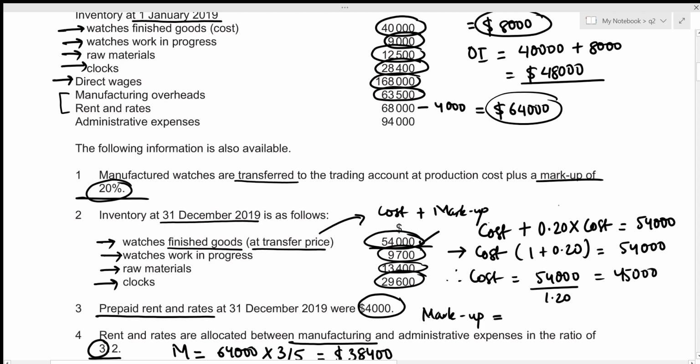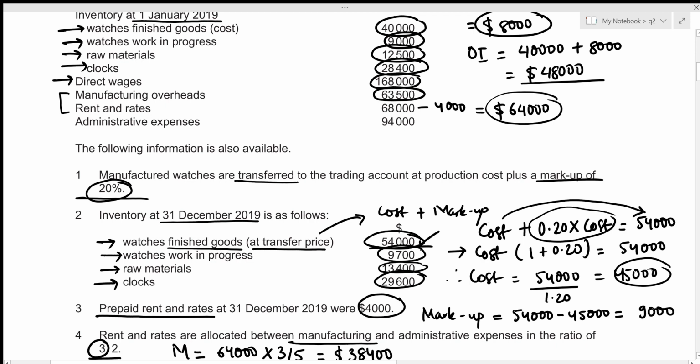In order to figure this out, we just need to subtract our cost from the transfer value of 54,000. So that's 54,000 minus the cost of 45,000 that we just figured out.